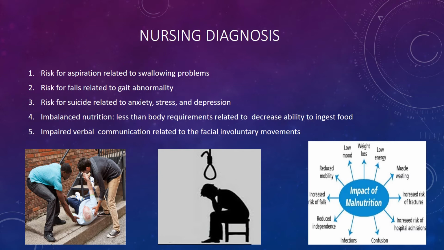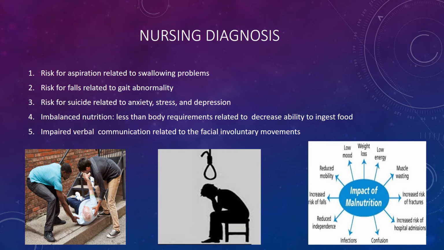The next nursing diagnosis for the patient with Huntington's disease is the imbalanced nutrition, less than body requirements. This is due to the decreased ability to ingest the food.